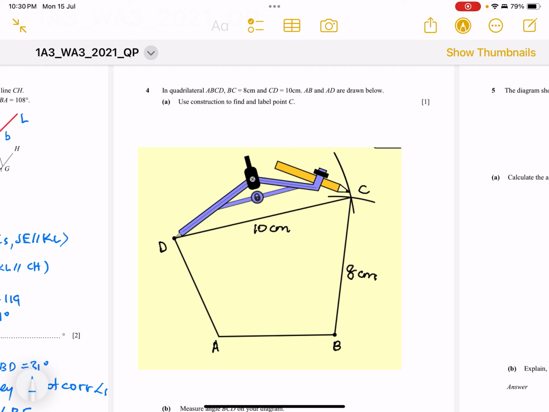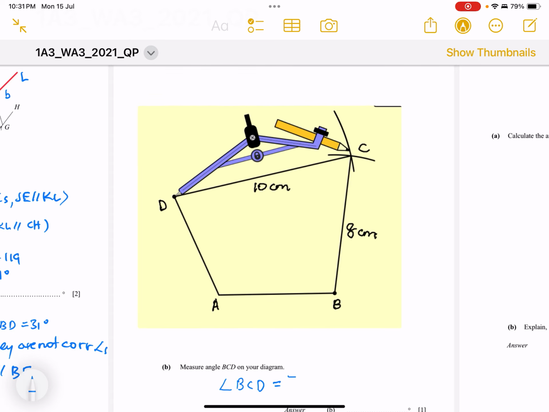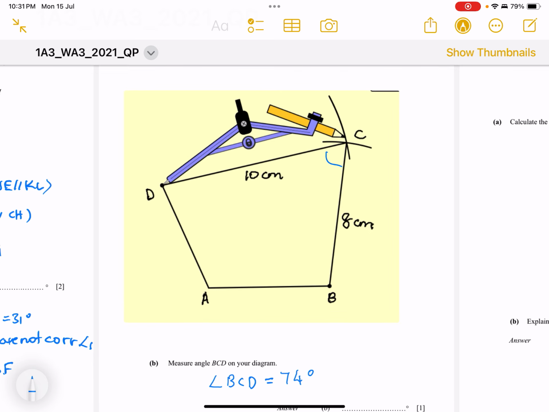Each side is constructed by using the compass to cut off the side DC with a radius of 10 and the side BC with a radius of 8, where the two arcs cut is the point C. And when we measure the angle, we find that BCD is 74 degrees. That is, this angle here is 74 degrees. So you are allowed up to plus minus 1 degree difference.